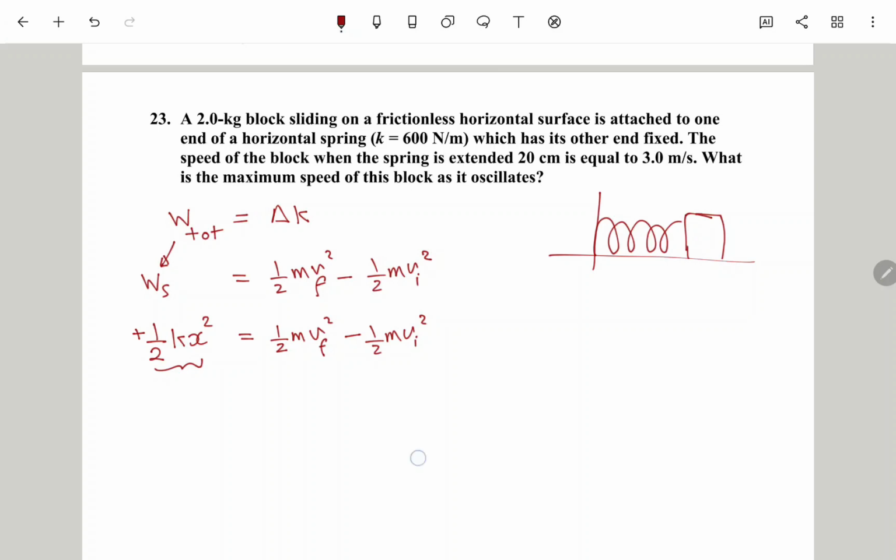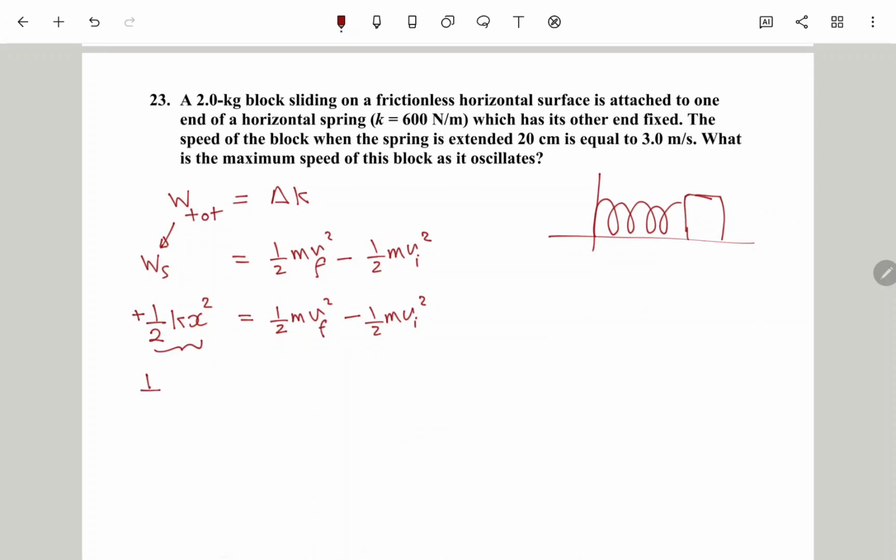Now you have 600 times 0.2 square plus, you move this one back in here, half 2, 3 square, it's 9, equal to half 2 V final square.